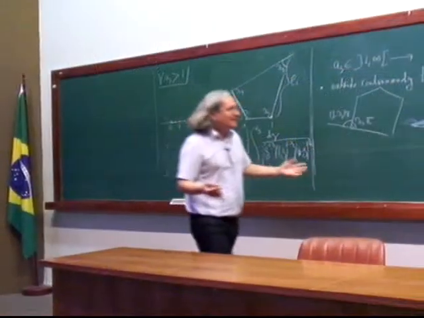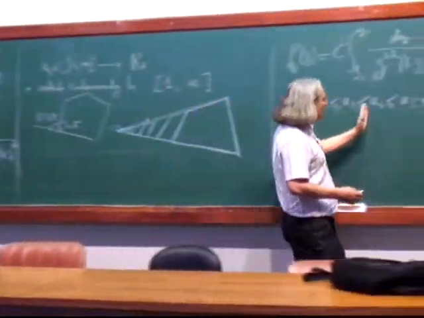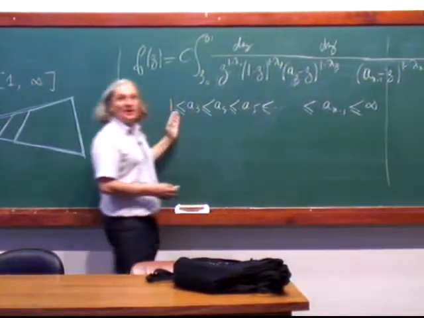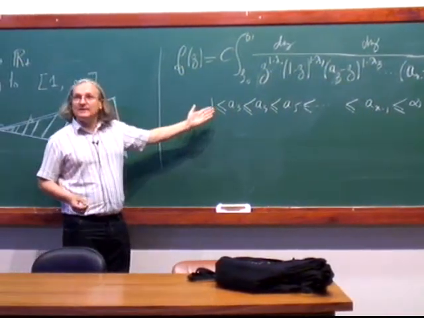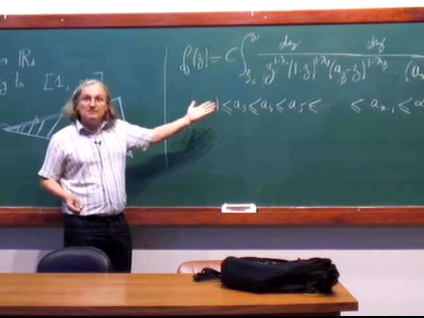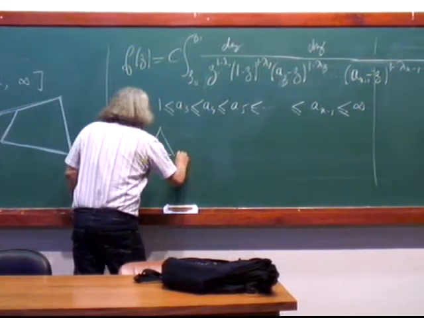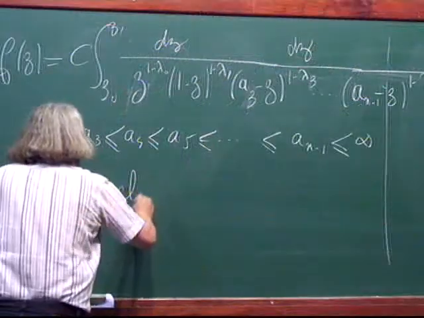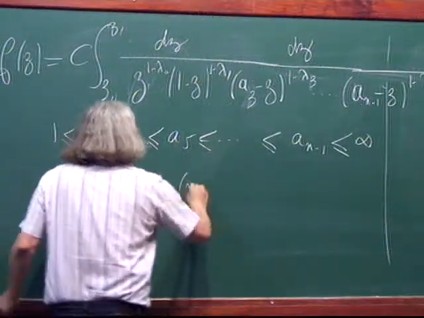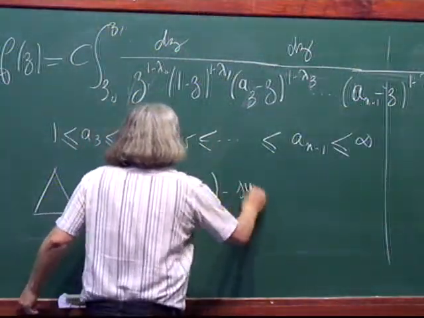So really what I get now, the space of (n minus 1)-tuples of real numbers satisfying that is a closed (n minus 1) simplex.